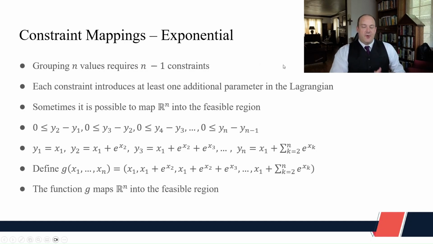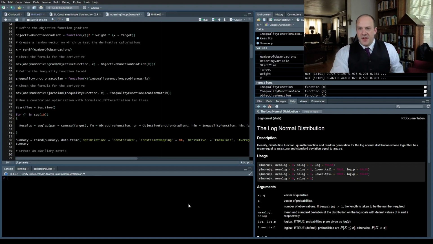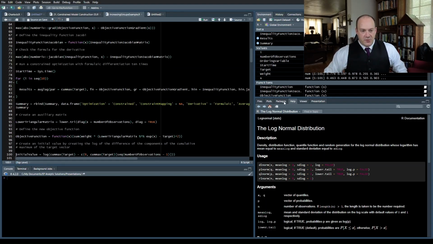Okay. And so now we're in good shape because we got this function g and it maps Rn into the feasible region. So we are going to go take a look at how that looks here in R. So let's go to our good friend R. Okay, so now that we're looking in R, how are we going to represent the function that we just created in R?